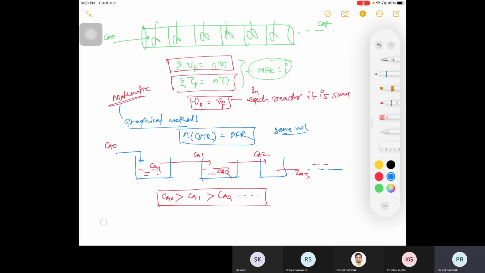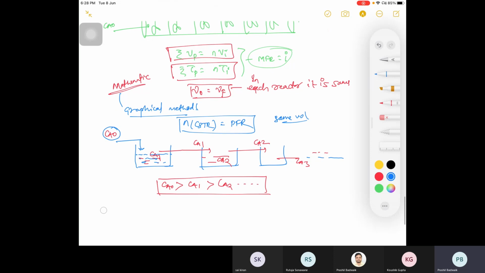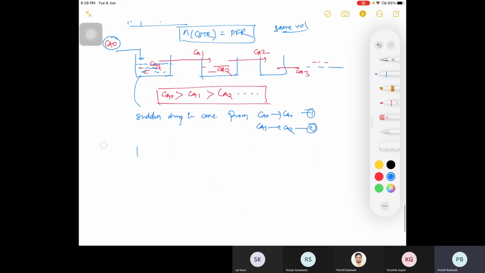And I told you what happens in MFR. This CA0 is no longer CA0 when it enters the reactor. There is a sudden drop in concentration from CA0 to CA1 in reactor 1, CA1 to CA2 in reactor 2. So what was your concentration profile?